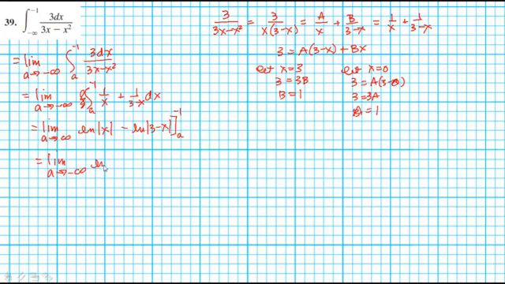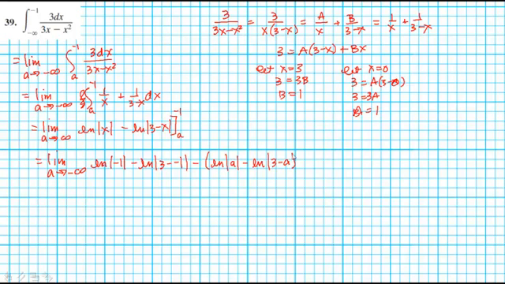And we get the natural log of absolute of negative 1 minus the natural log of absolute 3 minus negative 1, minus the natural log of absolute a minus the natural log of absolute 3 minus a.